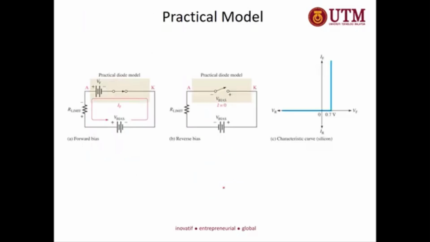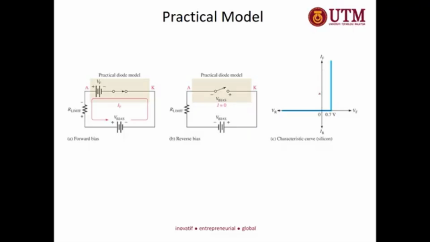Okay, next is the practical model. So the practical model is when you consider the barrier potential or the knee voltage. So in the ideal model, the sudden increase of the current occurs at the 0 point. So this is the ideal model.